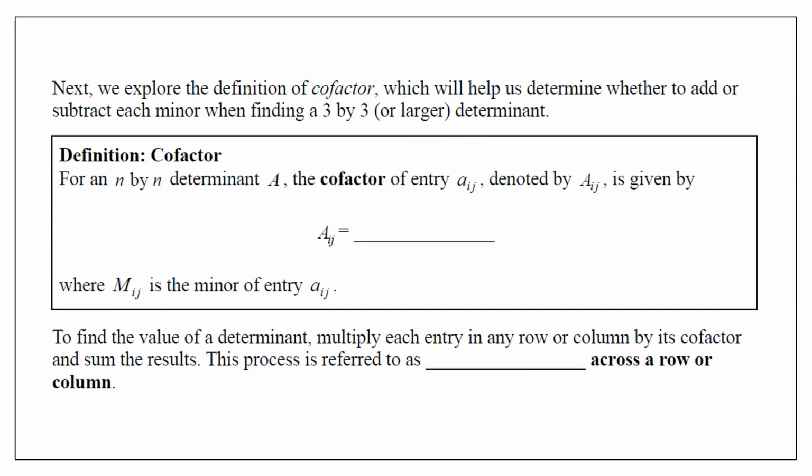So next we explore the definition of cofactor, which will help us determine whether to add or subtract each minor when finding a 3 by 3 or larger determinant.